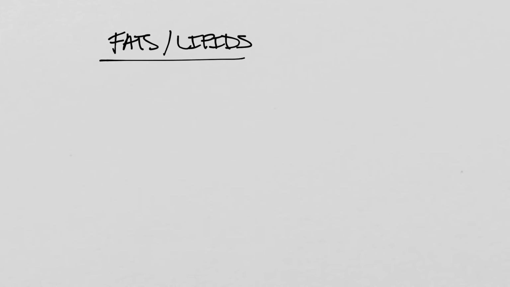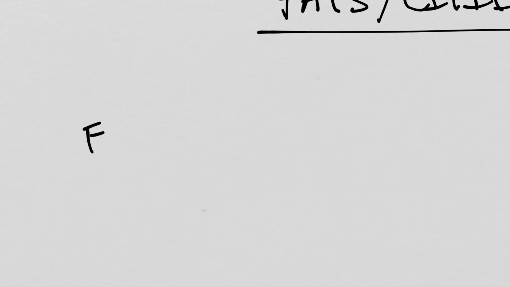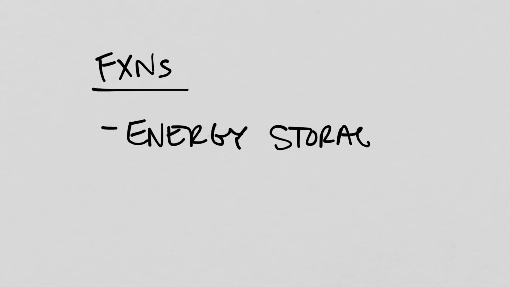So, fats and lipids. Before we talk about the structure, let's talk about their different functions. Fats and lipids functions. I'm sure you've heard of fat as an energy storage molecule. And indeed, it is important in energy storage, but it's also what all cell membranes are composed of.